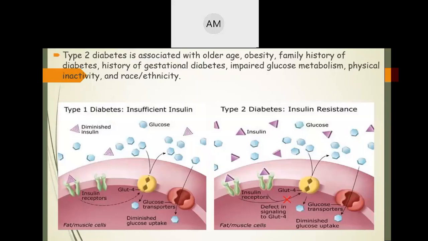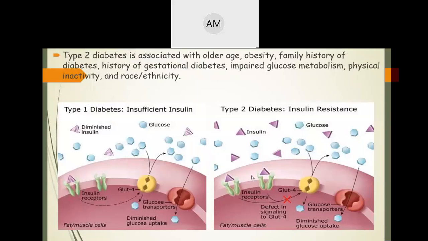Physical inactivity, if there is no exercise, obviously it will lead you to obesity, to fattiness. Race and ethnicity: in certain types of people, for example in South Africa, they have very few chances of diabetes. So if it's type 2 diabetes, there are risk factors such as race, ethnicity, and physical inactivity. These can lead to type 2 diabetes.